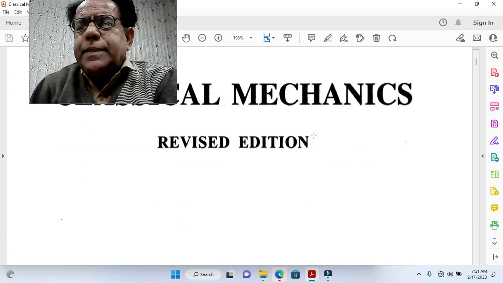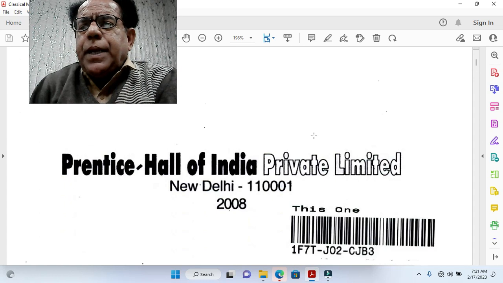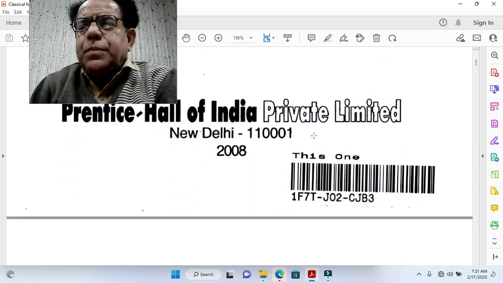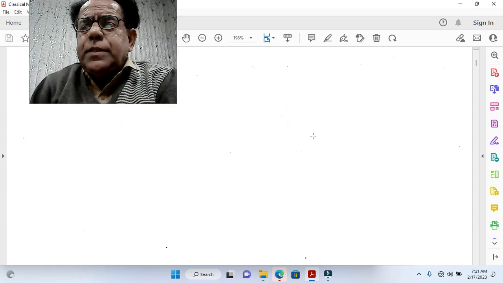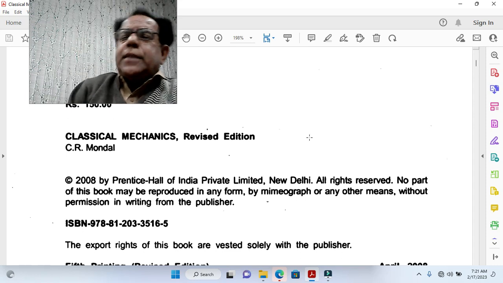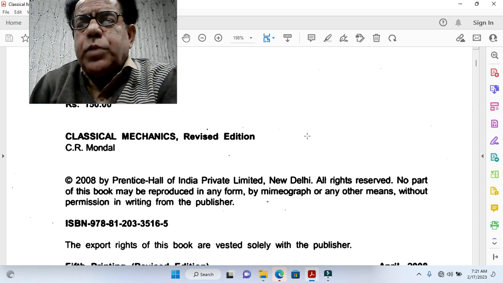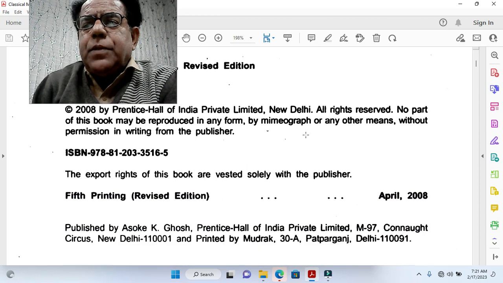Classical Mechanics, revised edition, C.R. Mondal, copyright 2008 by Prentice Hall of India Private Limited.